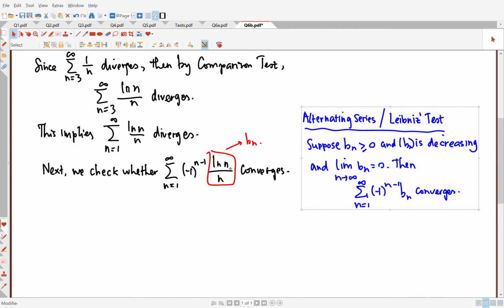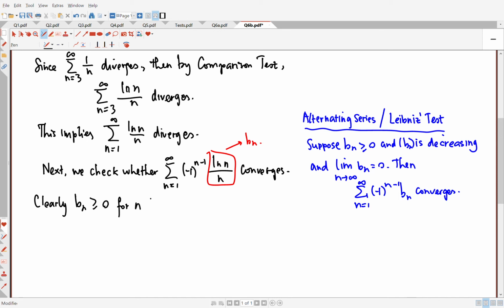So we need to say that this is my Bn and check whether this Bn is more than or equal to 0 or not. But it is very clear. Clearly, Bn is more than or equal to 0 for all n, from 1 to n.